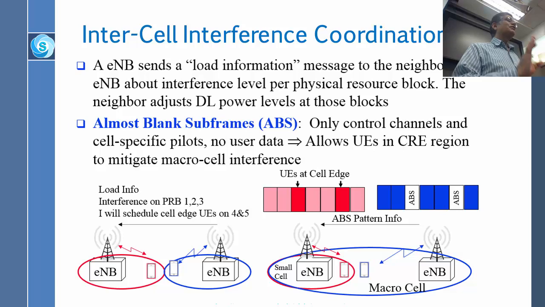And the ABS will simply have coordination information, so we know that it is not down or failed or anything. It just says, okay, I am there, but I am not talking right now. Okay, ABS, almost blank subframe. And they are there so that the other station can talk to the mobile on those subframes. And so this is called enhanced intercell interference coordination.